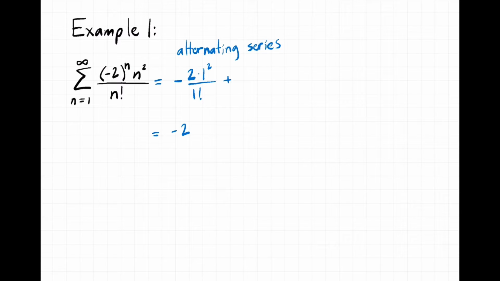Plus 2 squared times another 2 squared over 2 factorial. So 2 squared is 4, 2 squared is 4, that's 16, but 2 factorial is also 2. That's going to give us 8. Now, negative 2 to the third power, that's minus 2 cubed times 3 squared over 3 factorial.